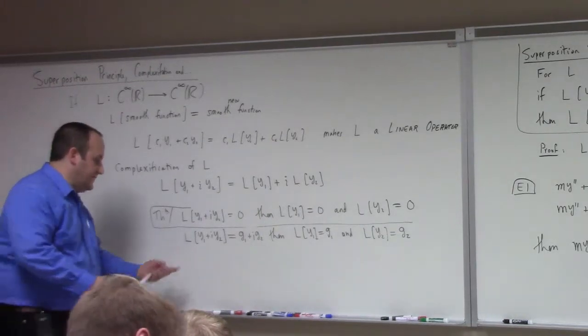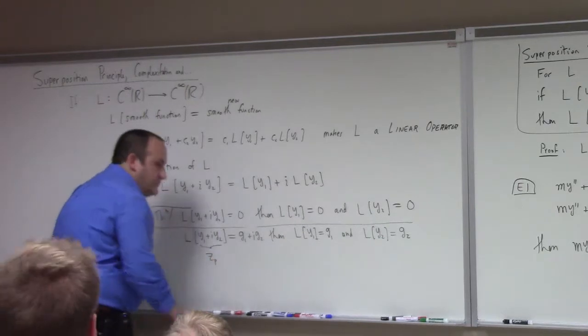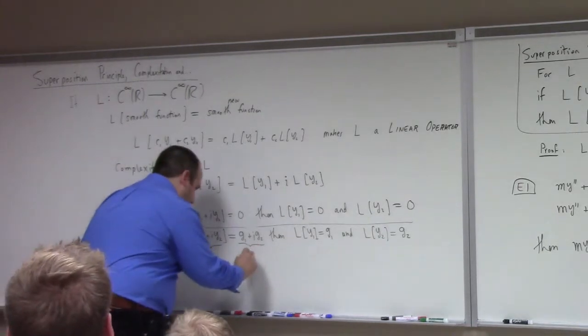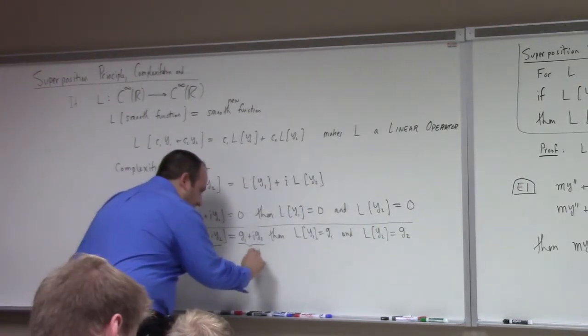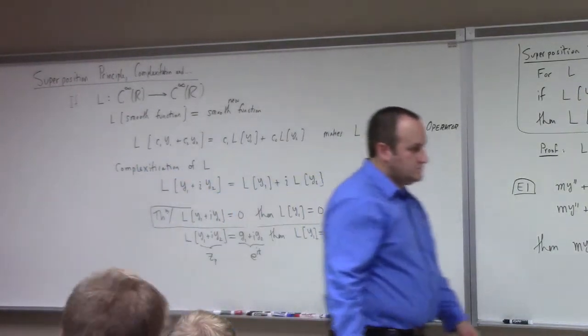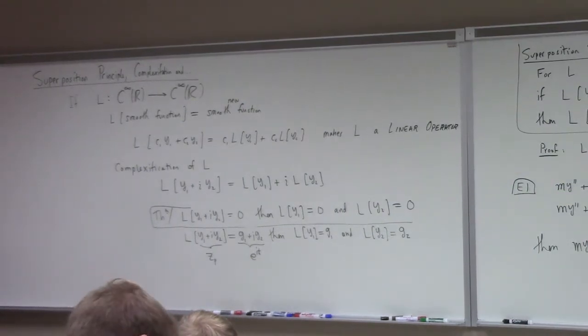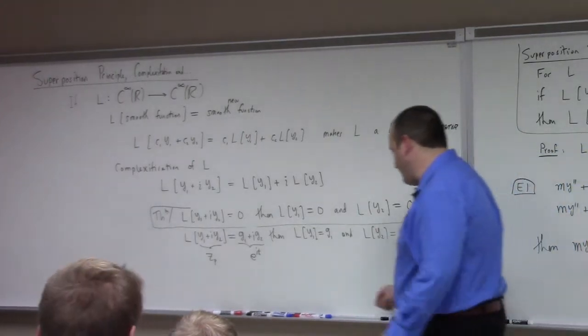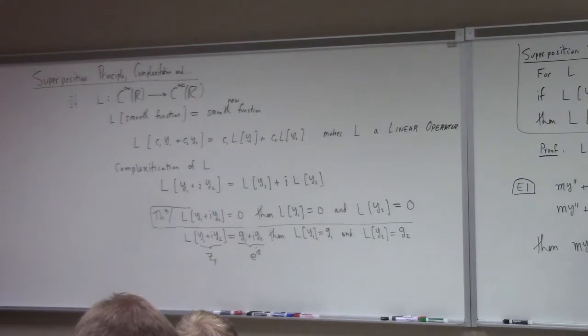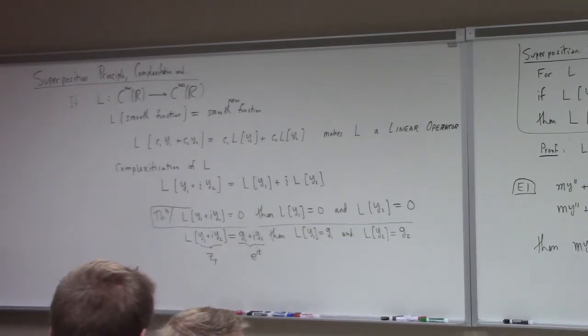So for me, this is my z_p, and this at the moment is the e^(it). e^(it) is cosine t plus i sine t, right?